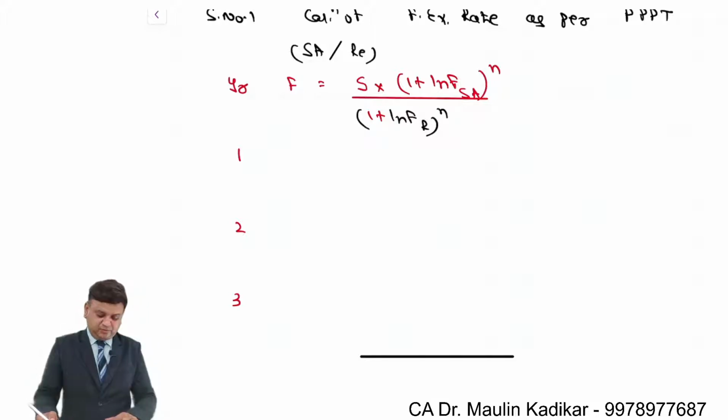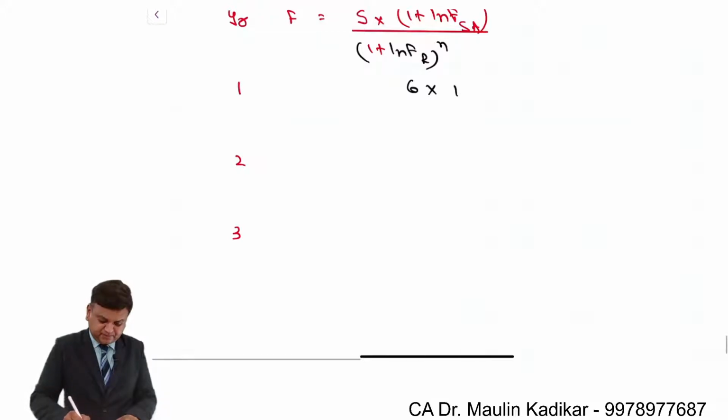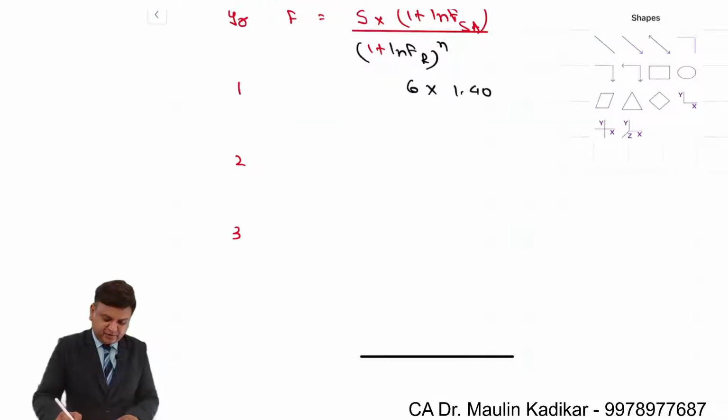That is what we have to do. The spot exchange rate is provided to us as 6. Inflation rate for South African currency is given as 40%, and for rupee currency it has been given as 10%.